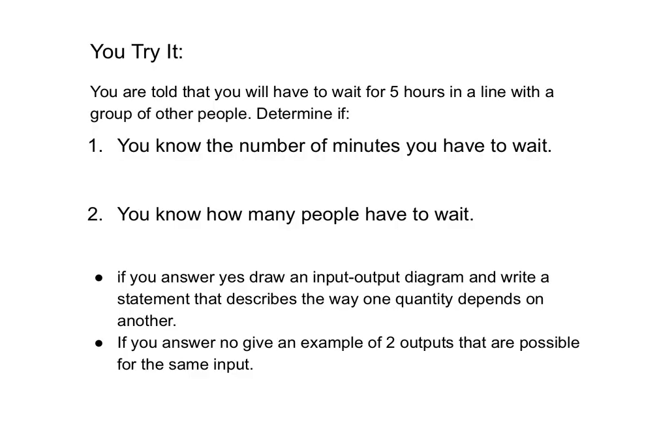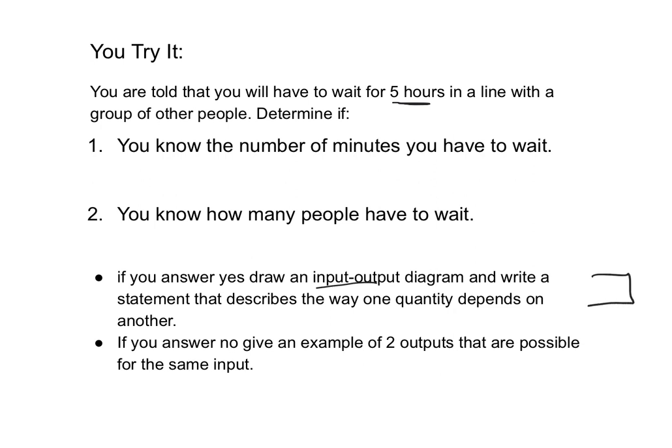All right, here's a you try it. So you are told that you will have to wait for 5 hours in a line with a group of other people. Determine if 1, you know the number of minutes you'll have to wait, and 2, you know how many people will have to wait. If the answer is yes, if this is something you can determine, that means it's a function, and I want you to draw an input-output diagram.